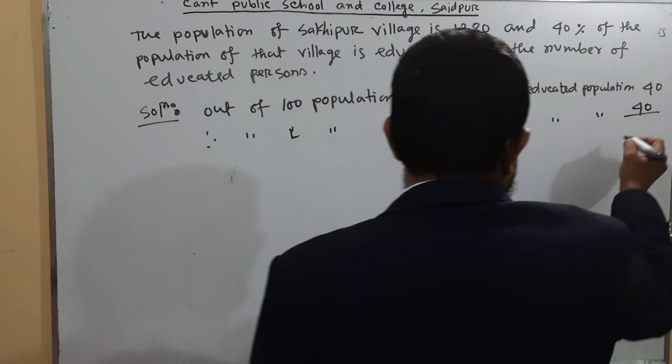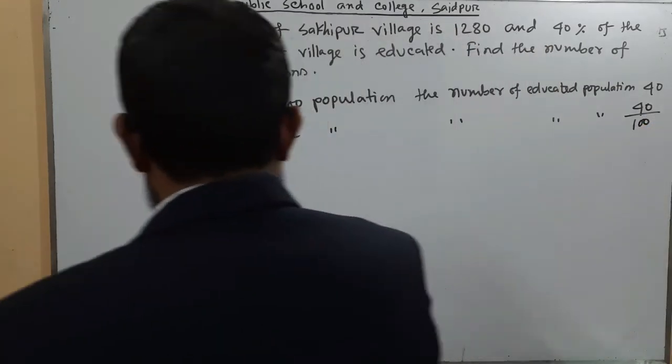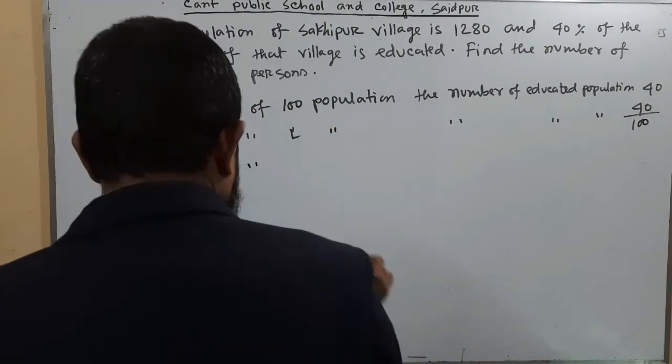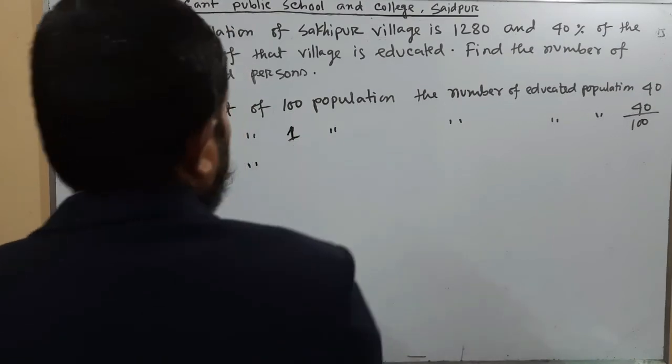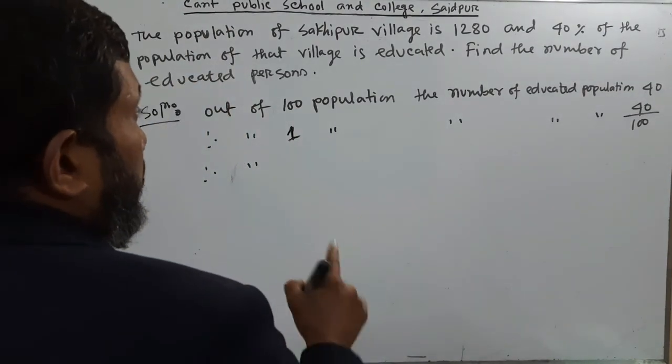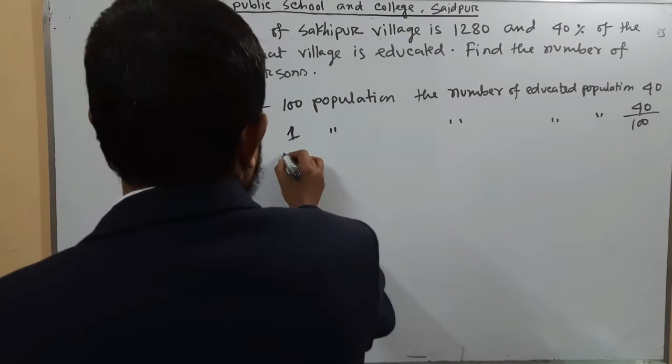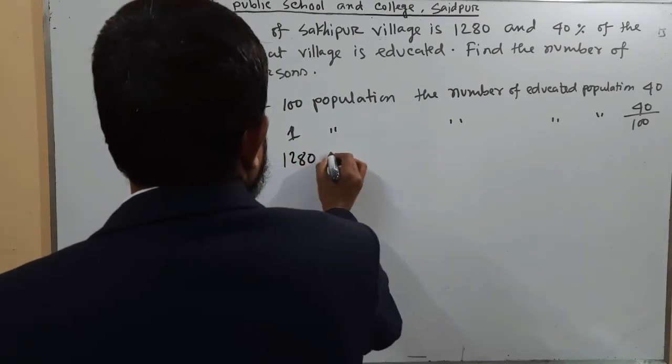Out of here, how many is the population of that village? 1280 population.